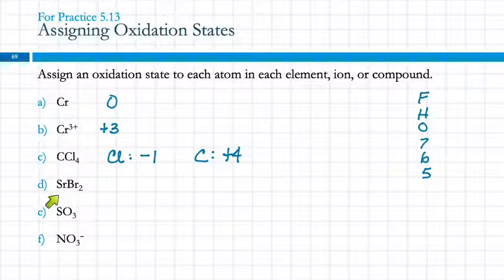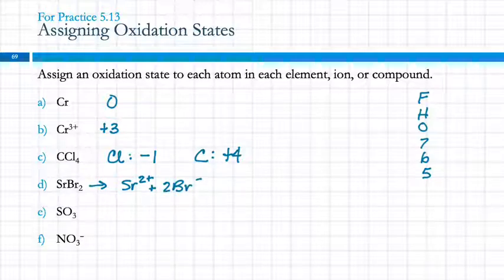So let's look at this one, SrBr2. Well, there's a metal and a nonmetal, right? Do these things actually have ionic charges? Yes, they do. So the ions here, we have strontium ion and we have bromide ion, 2 of them actually, right?